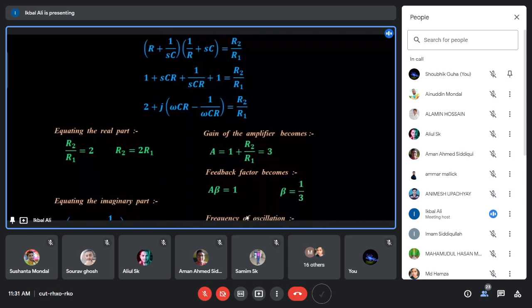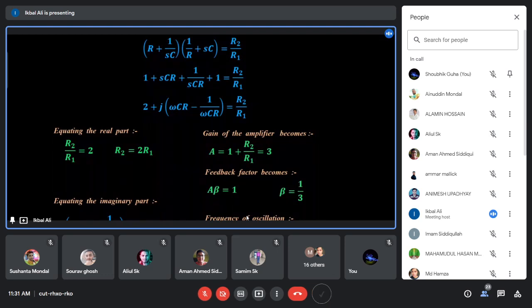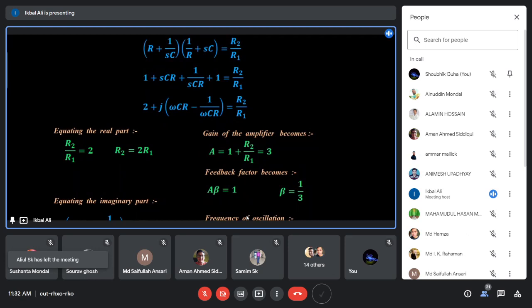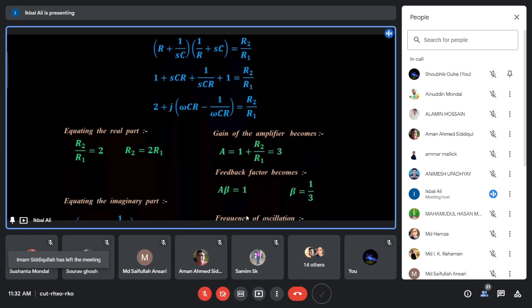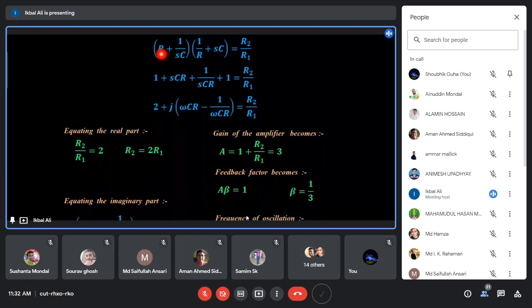The second equation, you see, now rationalize the left hand side. If you multiply these two brackets, R + 1/SC and 1/R + SC, then what will be the outcome? You will get 1 + SCR + 1/SCR + 1. First multiply this R and 1/R, you will get 1.